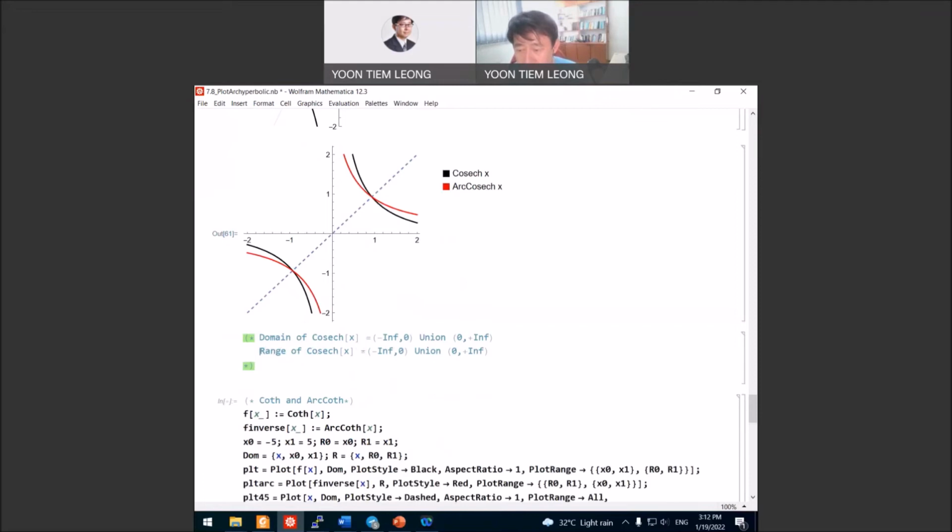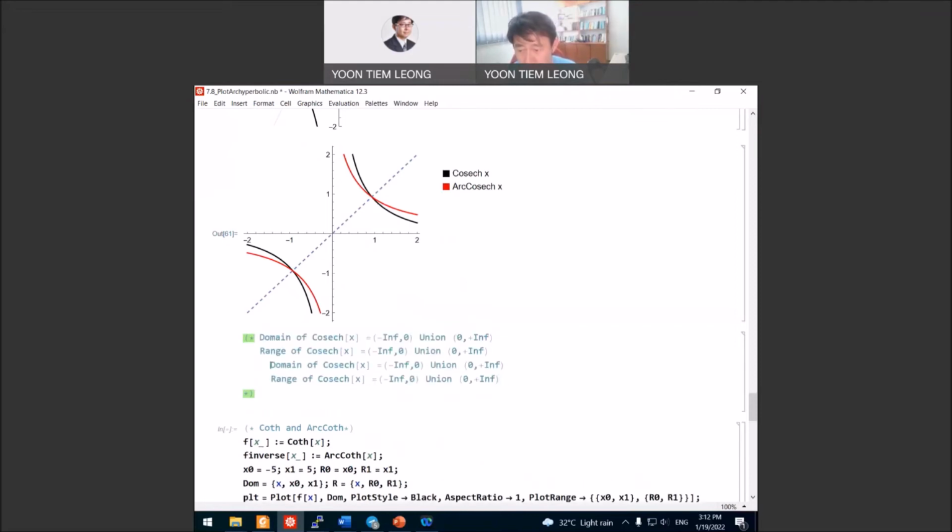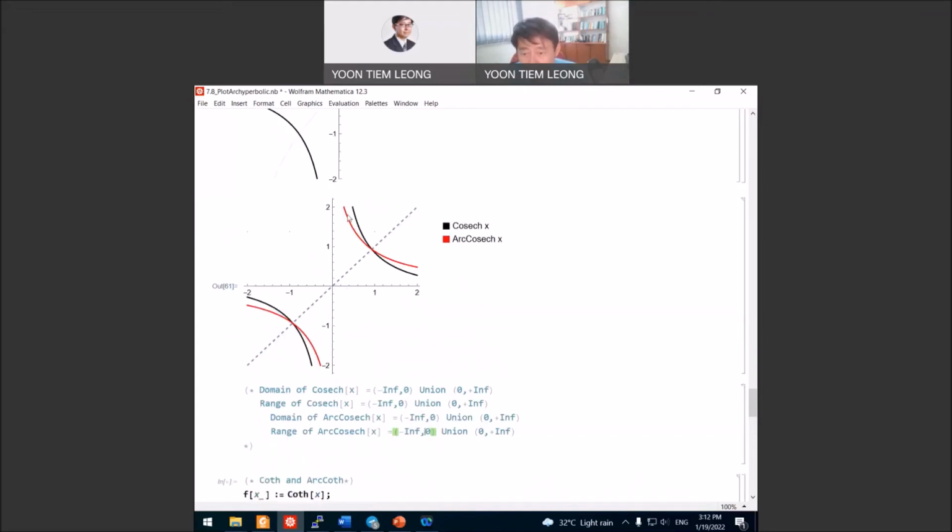Likewise, you can easily conclude that the domain and the range of arccosecant are also the same. The red line is the arccosecant, and its range and domain are described by these.